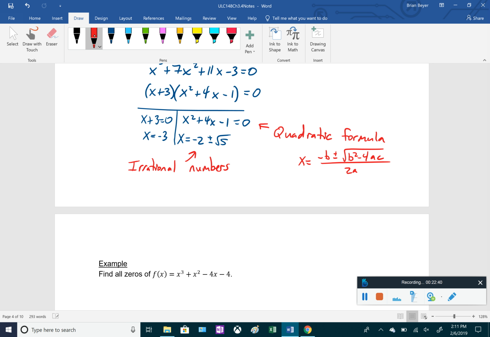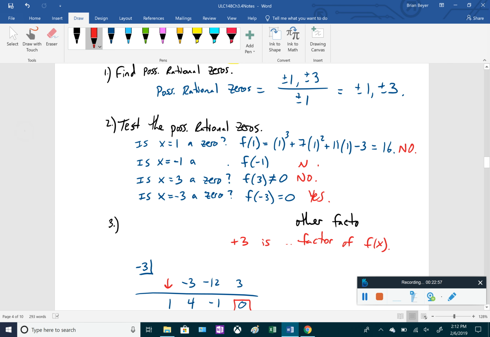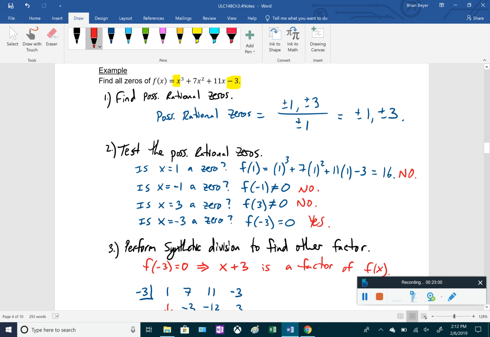So since they're irrational, they are not in our possible rational zeros. And if they're irrational, they never will be in there. So we wouldn't have been able to find it if we kept on plugging in the possible rational zeros, but we actually plugged all of them in.